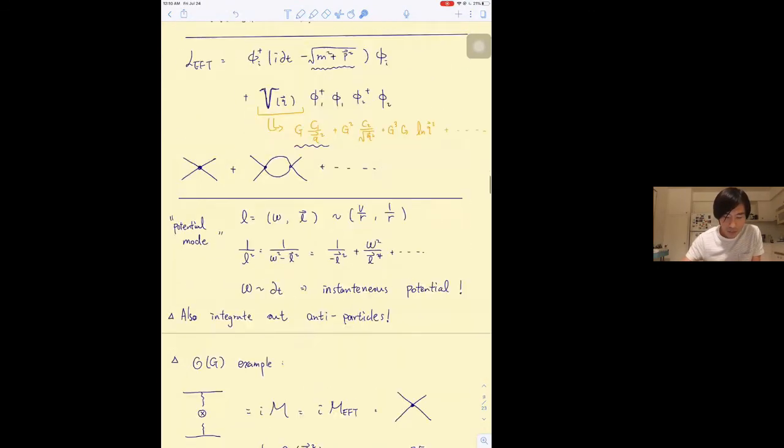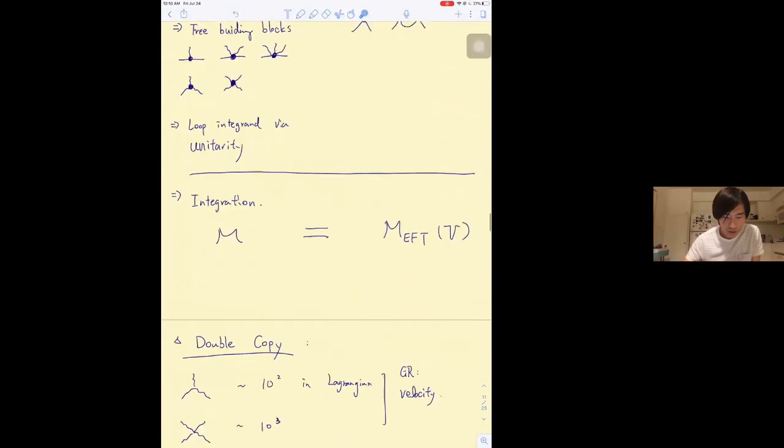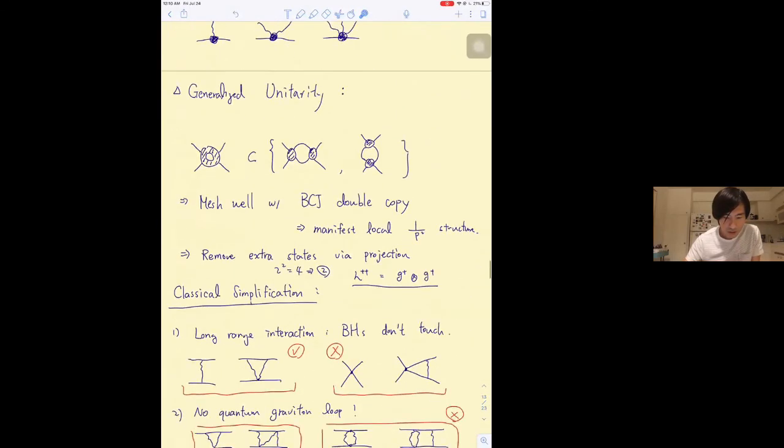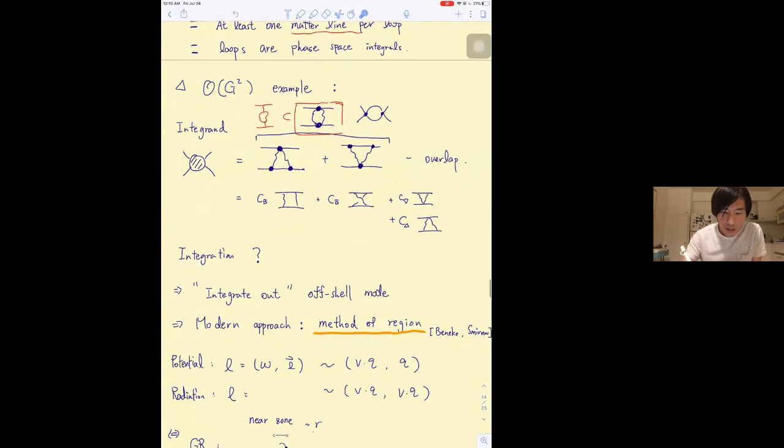Let me go back. For example, I can start from this, let me call it A, or I can start from this, let me call it B. Of course, if I compute the full amplitude, the answers from A and B will be different.